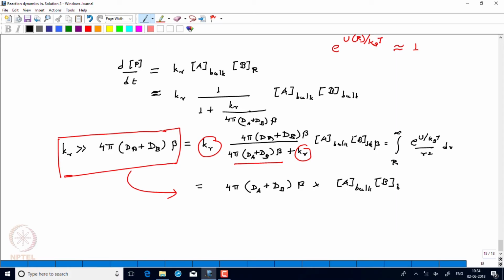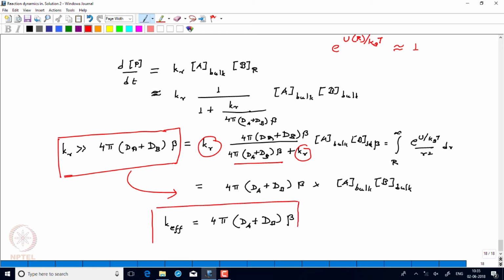So the effective rate constant, as before, is nothing but 4 pi dA plus dB, but there is an additional term, beta, and that's how it is getting included.